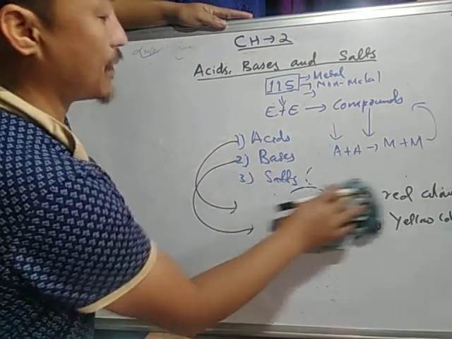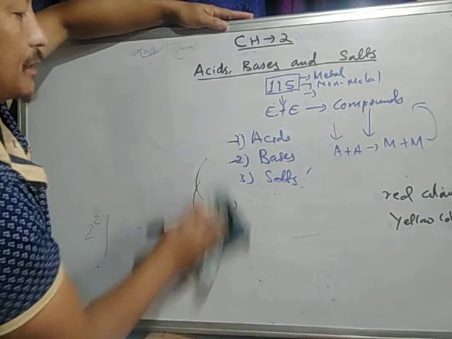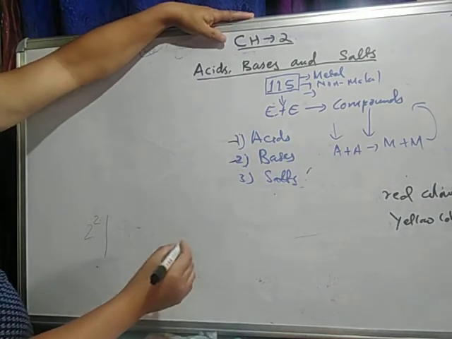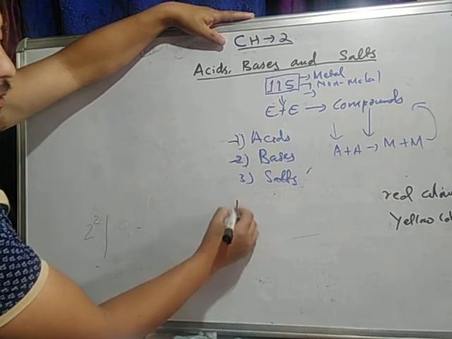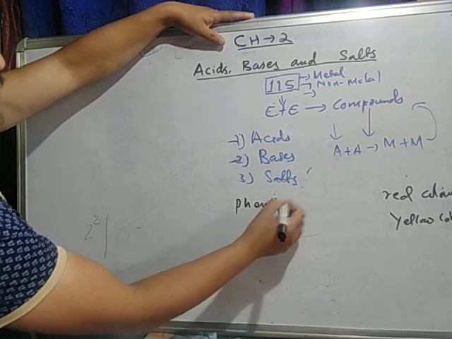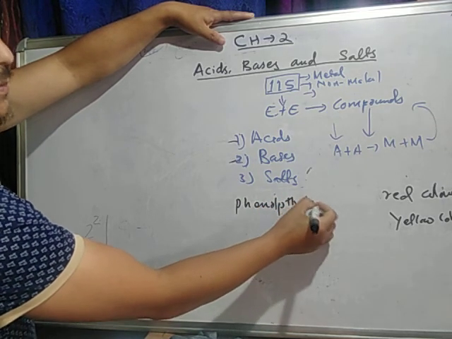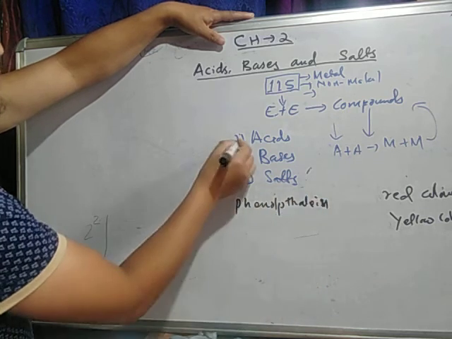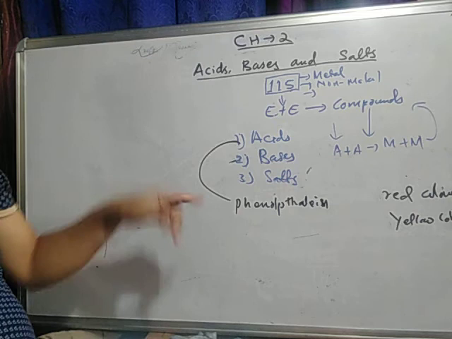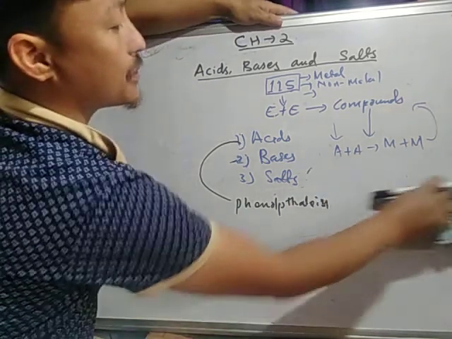Next we have phenolphthalein. Look carefully, listen well, you'll understand. Whenever you put phenolphthalein in acid, what does it give? It gives colorless.